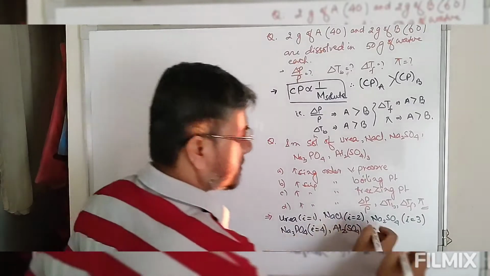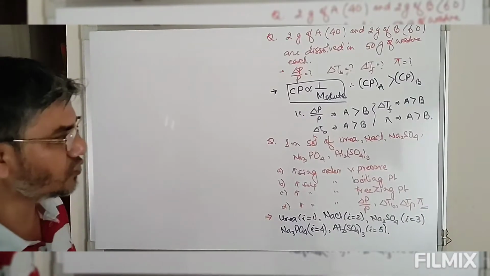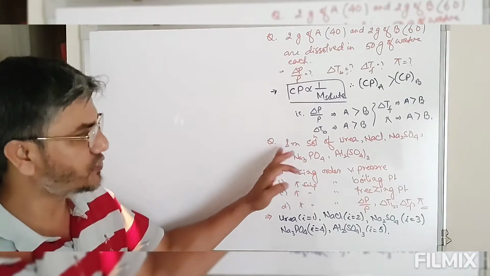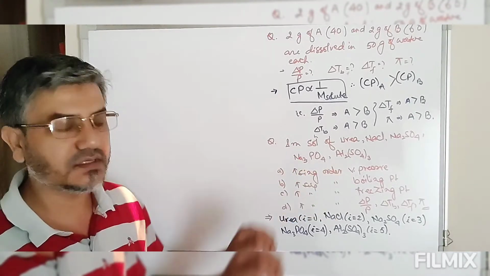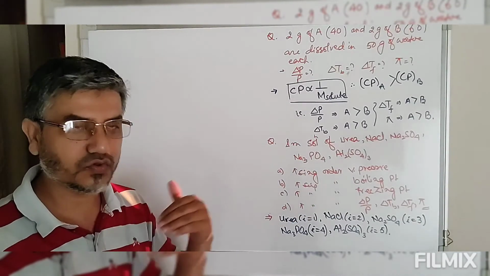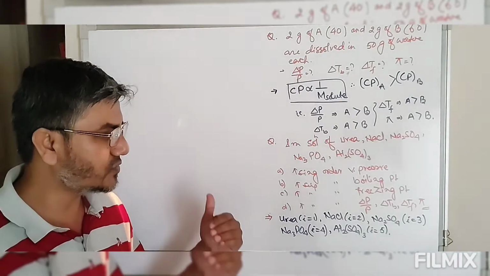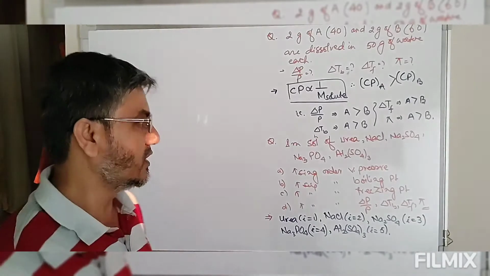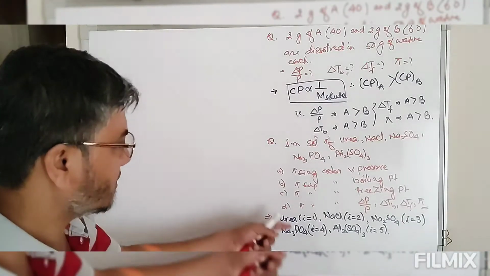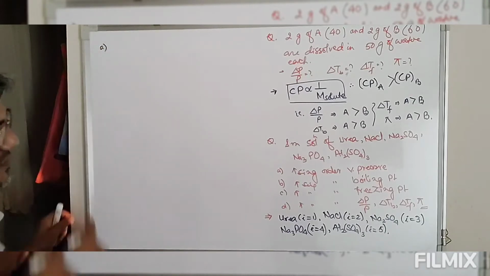So 2 plus 3 is 5. Now look at this, though the concentrations of these solutions are the same in terms of molarity, some of these solutes undergo dissociation in solution. Because of this dissociation, the number of solute particles in the solution increases. So now we have to use these values of i. So first look at this.